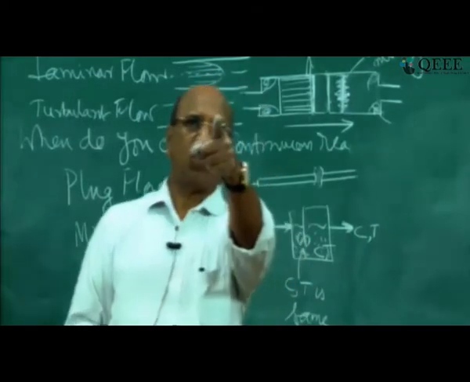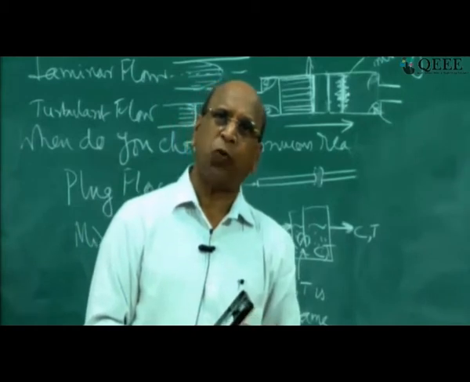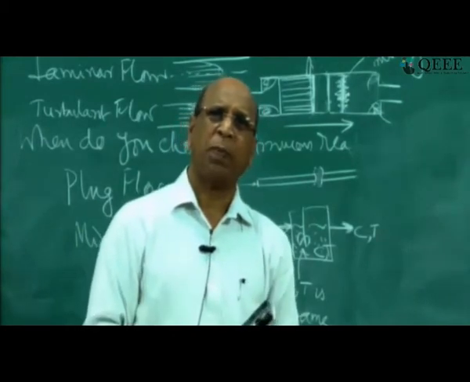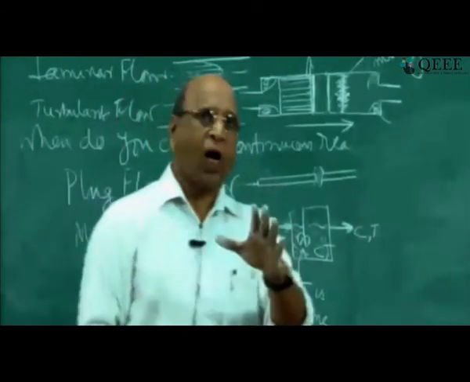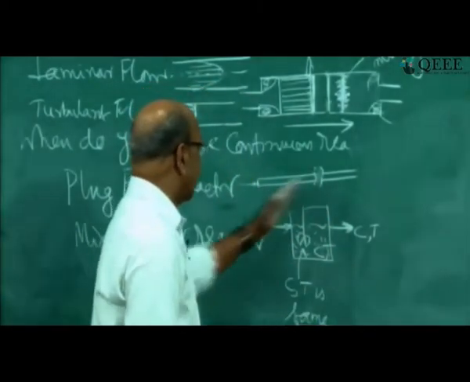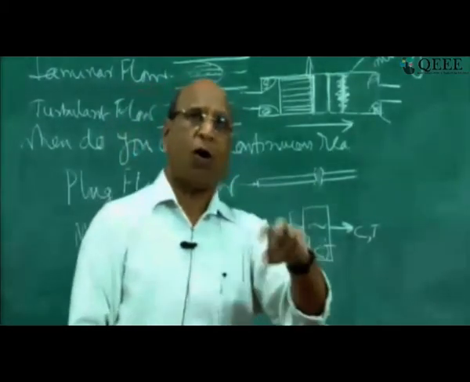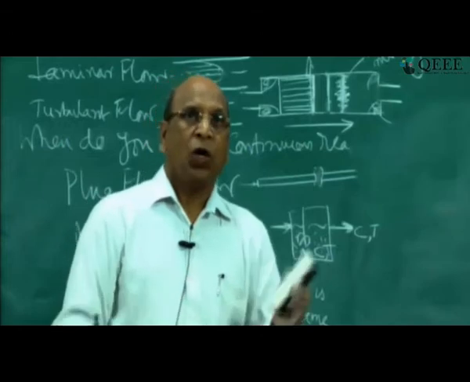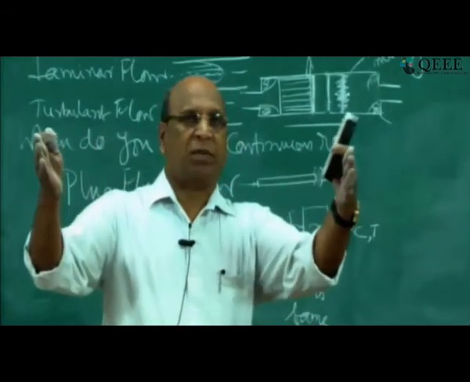And question number 2: I am not able to understand clearly, what about the resistance of flow impact on reactor flow? What do you mean by resistance of flow? Pressure drop? Yeah, the pressure drop will be there in continuous flow reactors like the plug flow reactor. That has to be taken into account if it is very serious. That means if the pressure drop across the reactor is, let us say, 1 atmosphere.